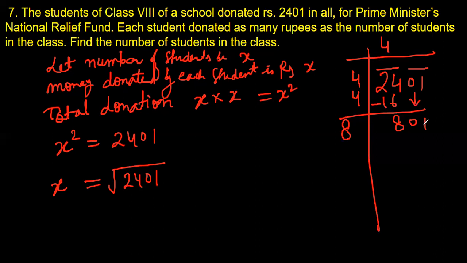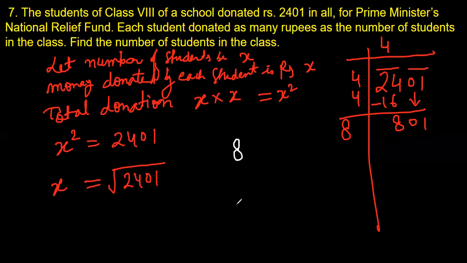and 80, looks like 80 is divisible by 8 10 times, but usually we take a one digit number here. So one digit number means we will check 9 times, and you see 89 into 9. 9 times 9 is 81, 8 times 9 is 72, 72 and 8 is 80, 801.